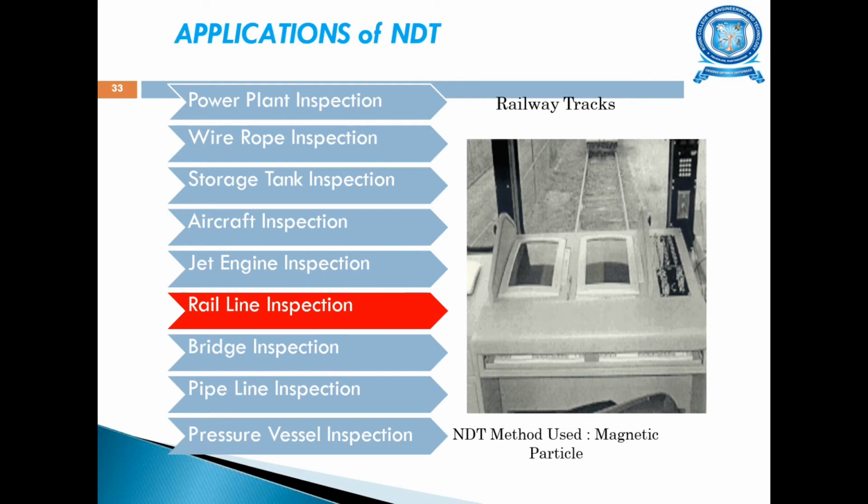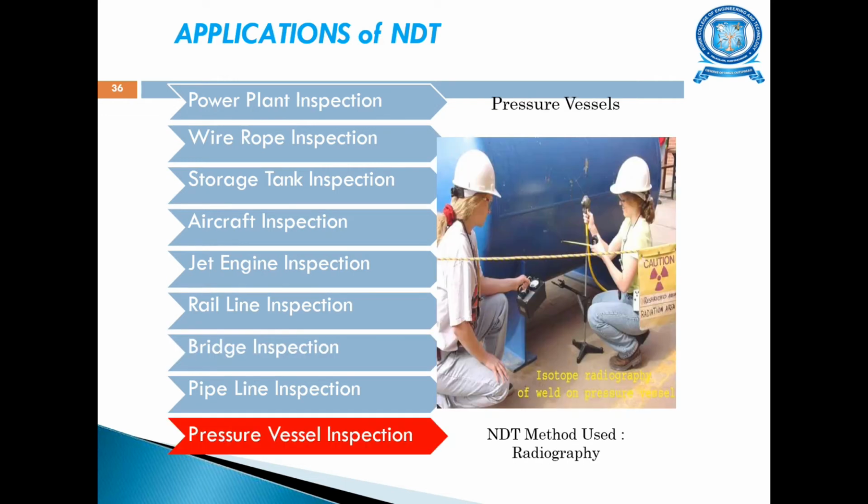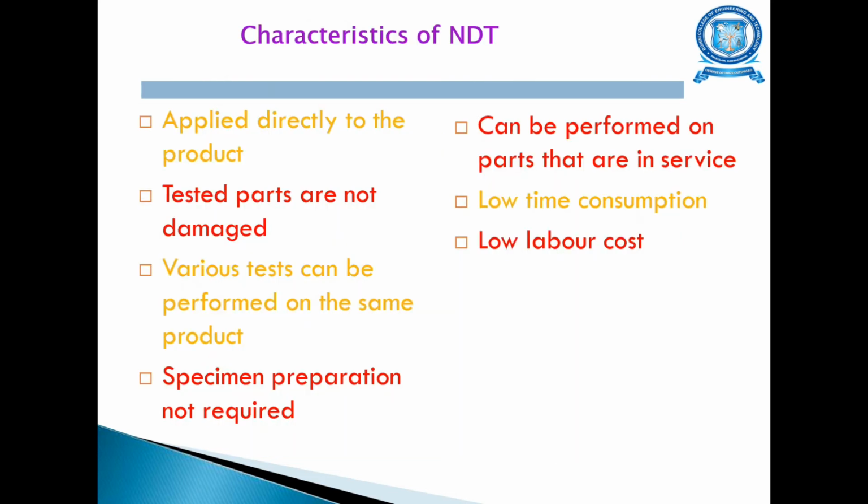And rail line inspection, that is the railway tracks, is being tested by using the magnetic particle testing method. And the bridge cables are being tested by using acoustic emission method. And the pipeline, as well as the pressure vessel inspection, is being carried out by using radiography testing method.